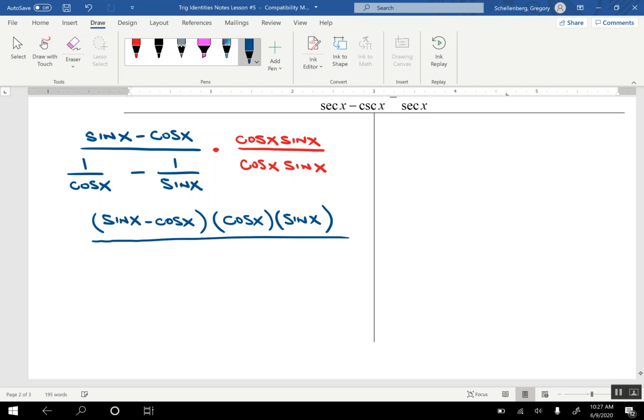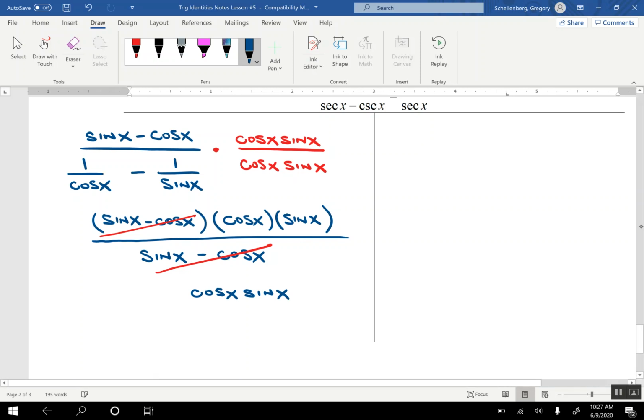Cos x's will cancel each other out, so we're left with sine x. Cos x sine x over sine x. The sine x's will cancel each other out, so we're just left with cos x. And now that and that cancel each other out, so we are left with cos x times sine x.